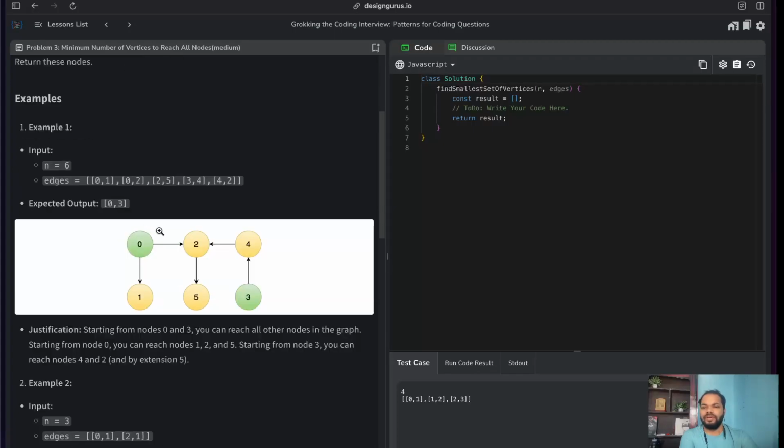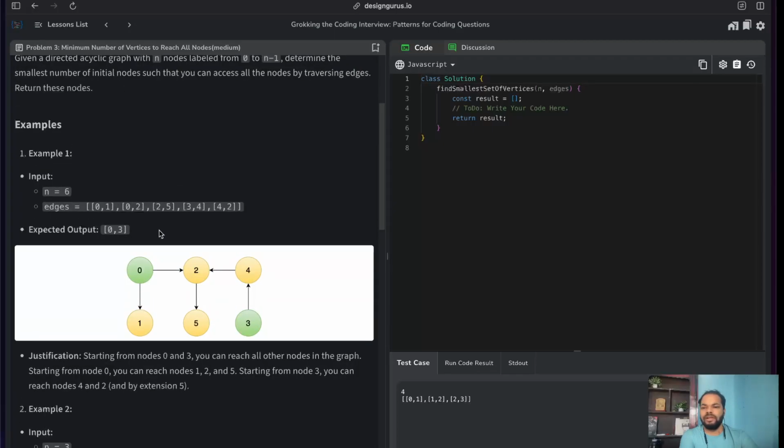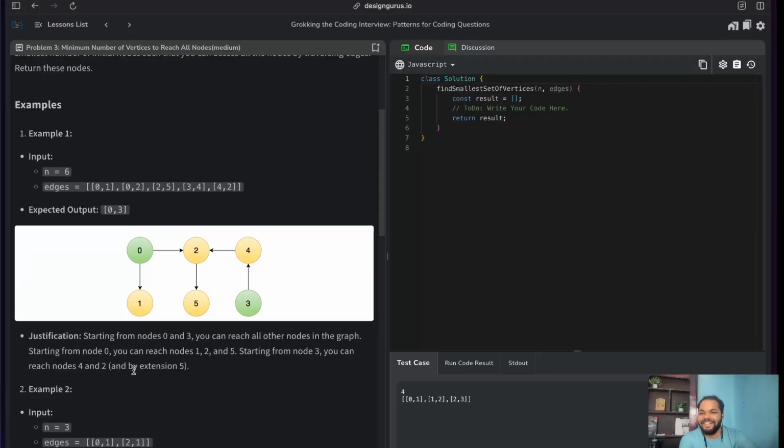So the minimum number of nodes we need, so that we can access all of them. Now this graph is a directed acyclic graph. So we at least need 0 to reach 1 and 2, and then 3, 4, 5, 6, 2. This is how we can reach.